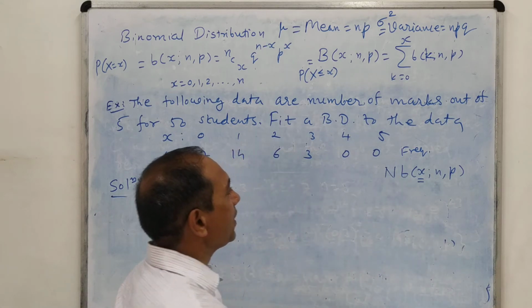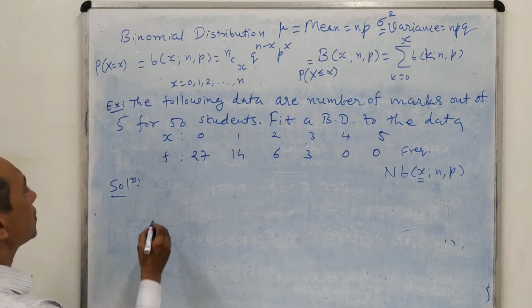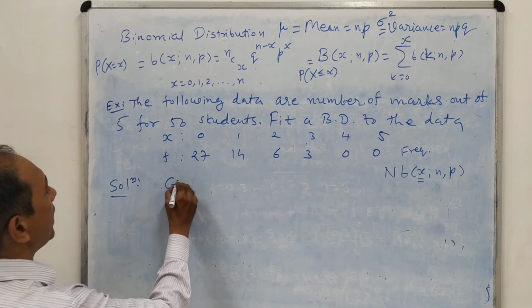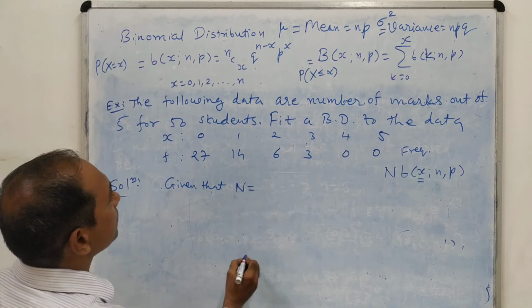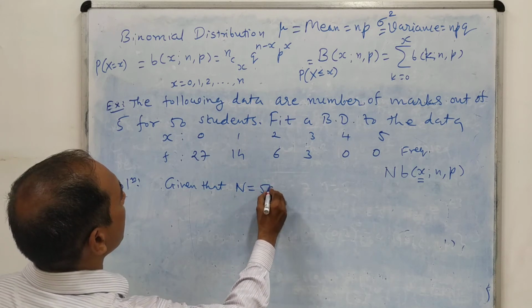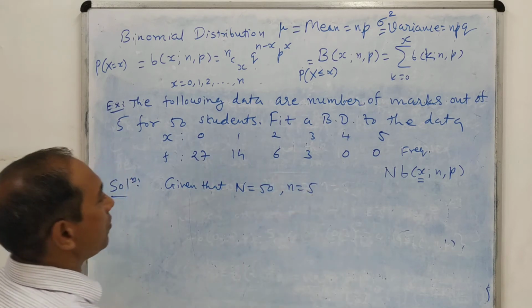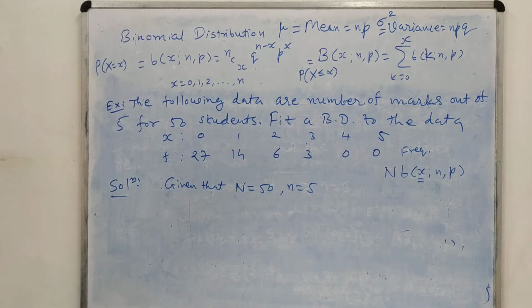So capital N is nothing but the total number of students. So here given that capital N equal to 50 and small n equal to 5. So what is the probability p? Nothing is given directly that we can write down as the probability p. So we need to find the probability by using a different concept.